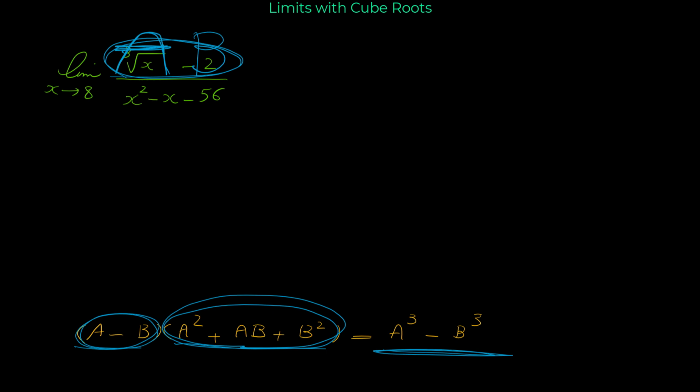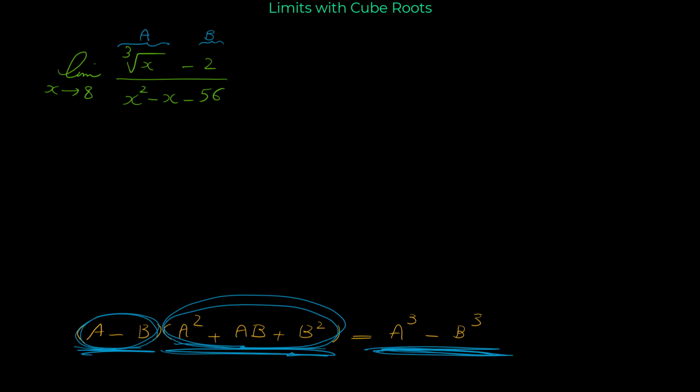So if we multiply the numerator, where we suppose cube root of x as a and the 2 as b, if we multiply a minus b by this, the result is a to the 3 minus b to the 3.